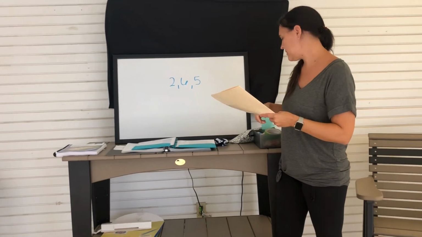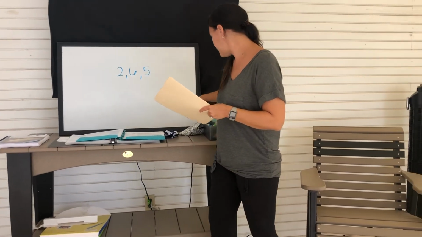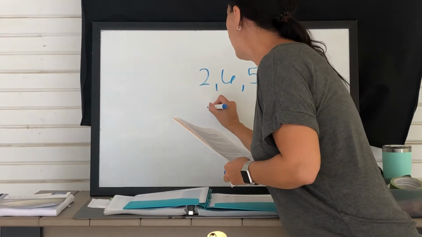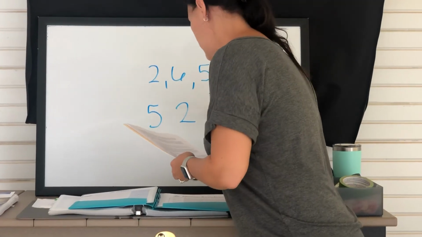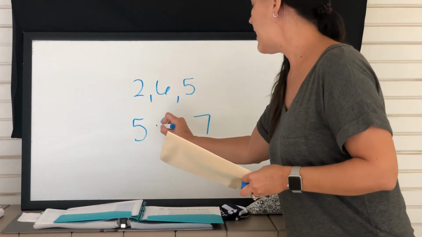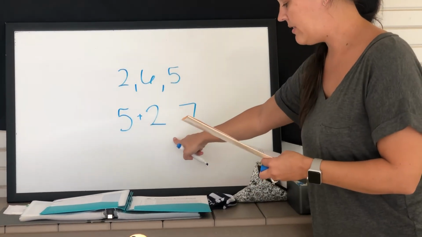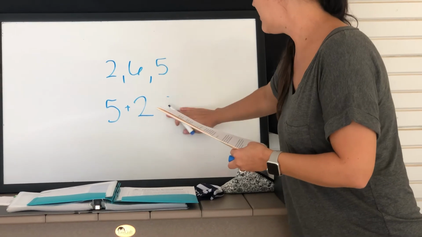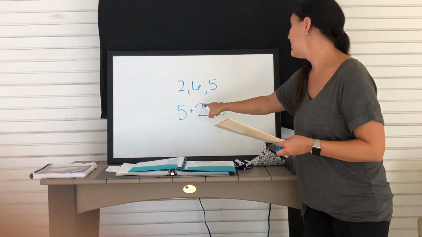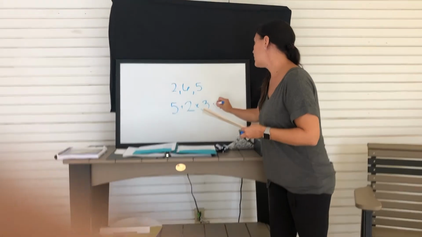Does that make sense? So if you've got, let's see, 5, 2, 7, okay? If I want to say 5 plus 2 is 7, what did I say? 7, 3. There we go. 5 plus 2 is 7 times 3 is 21.